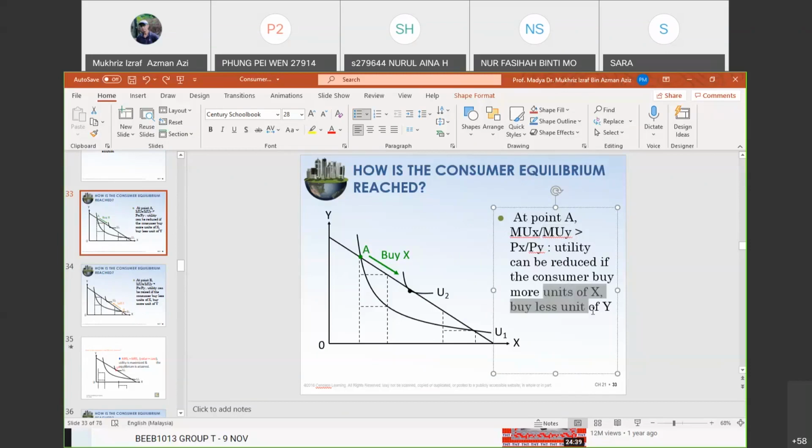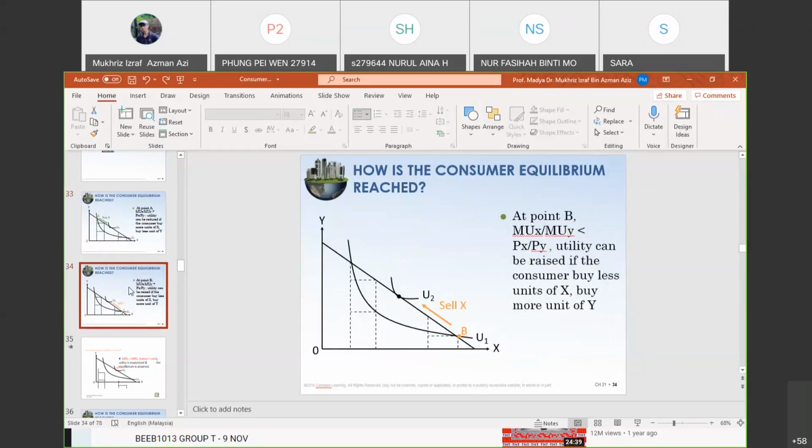That is what is explained here. The most important part is this: if MRS is bigger than the ratio of PX over PY, if MUX over MUY is bigger than this, you can achieve equilibrium by consuming more X and reducing Y.